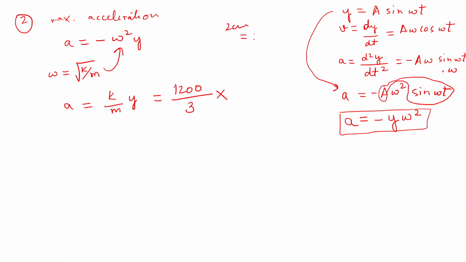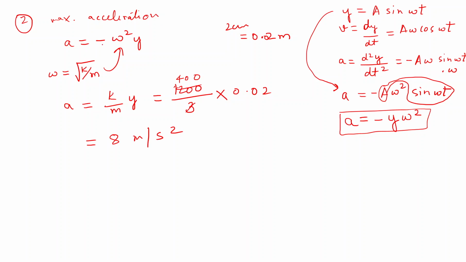So 2 centimeter will become 0.2 meters. No, wait, yeah, no, 0.02 meters. When we solve this, it will be 8 meter per second square. So the acceleration for this body will be 8 meter per second square.